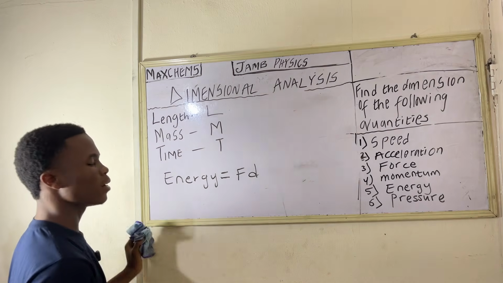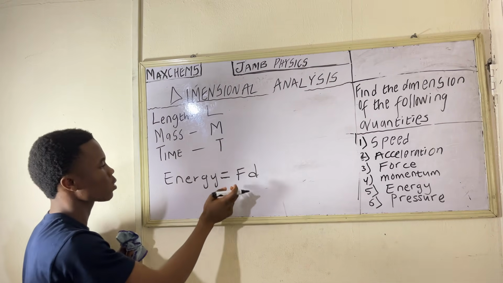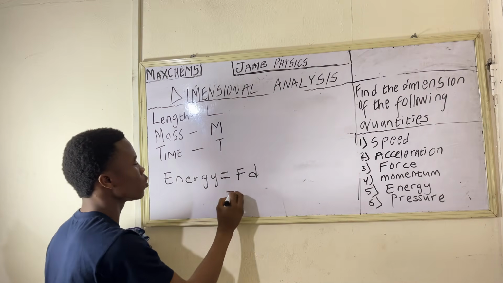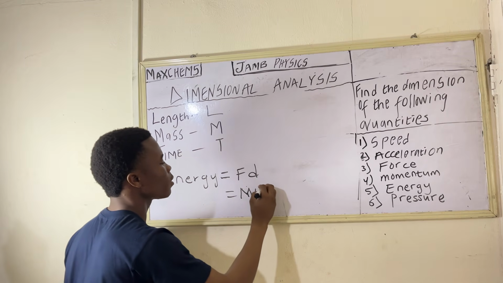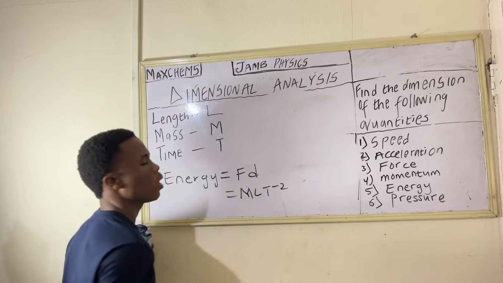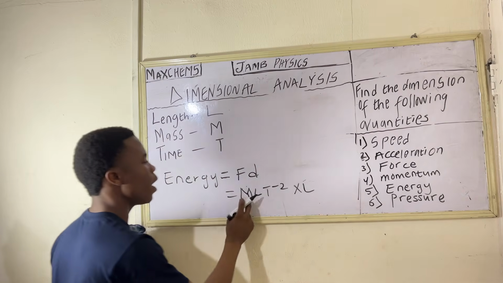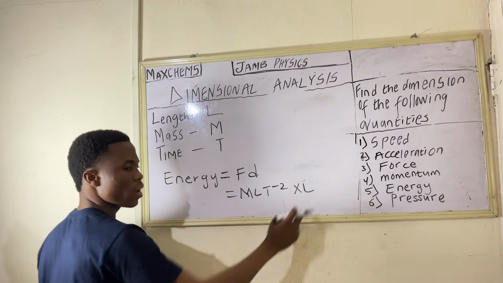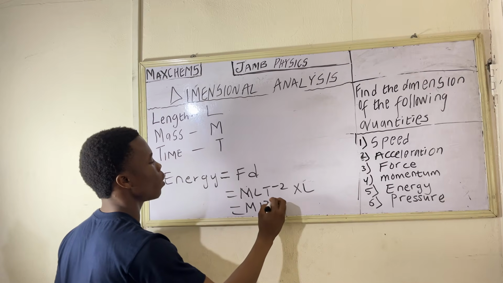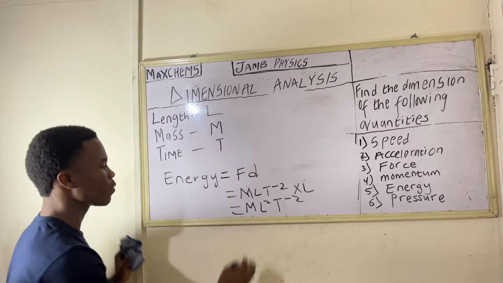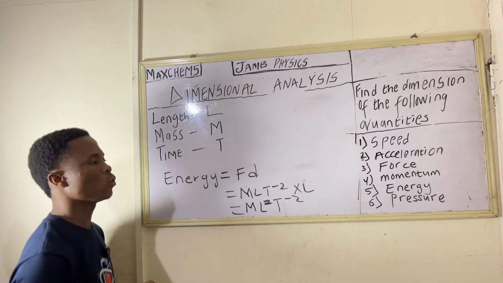We found that the dimension for force is MLT minus 2, and your distance is L. So we have MLT minus 2 times L, and L times L gives L square. So the dimension for energy is ML square T minus 2.